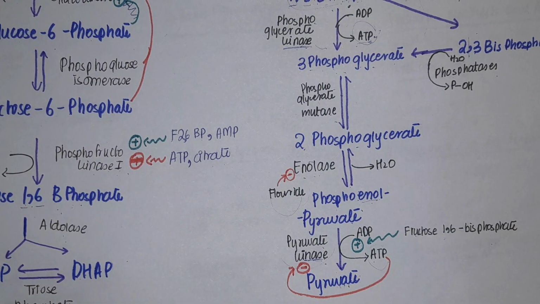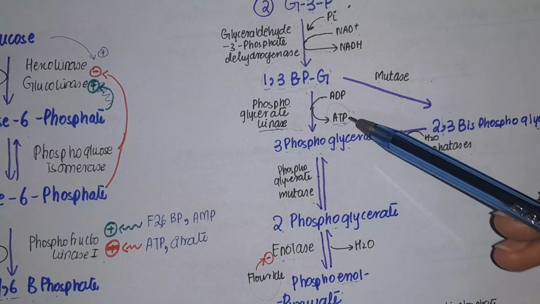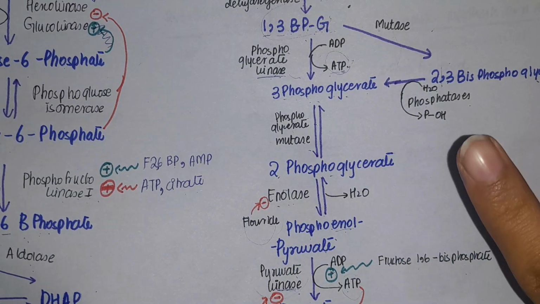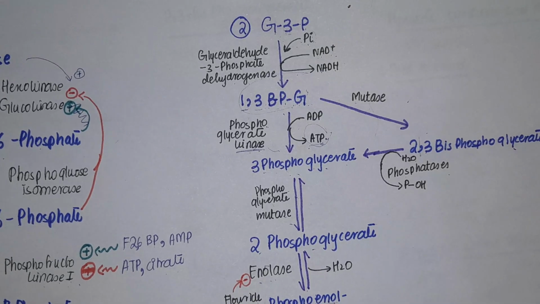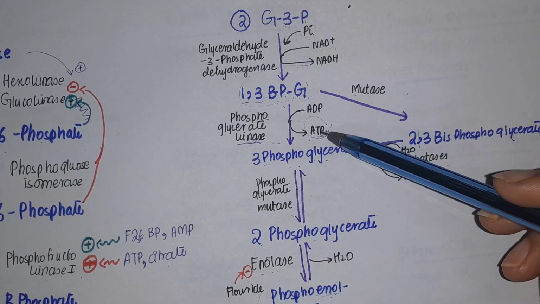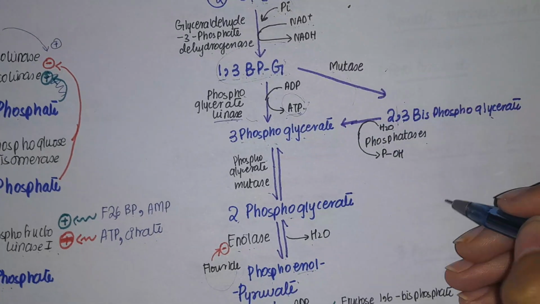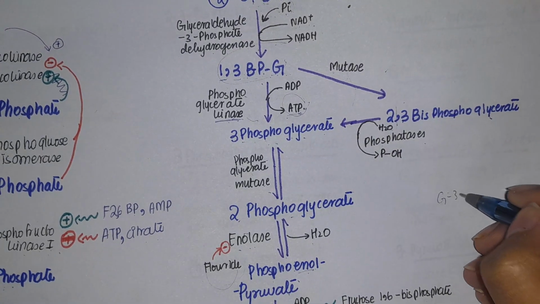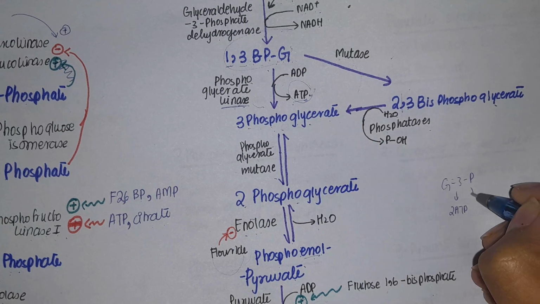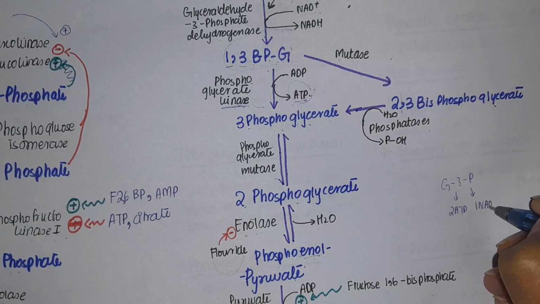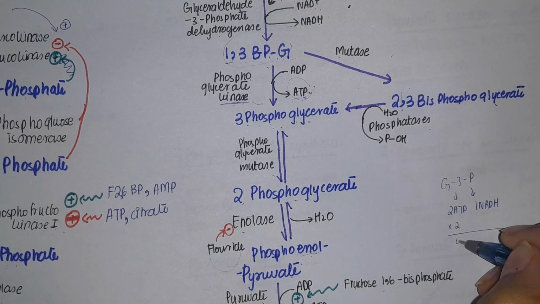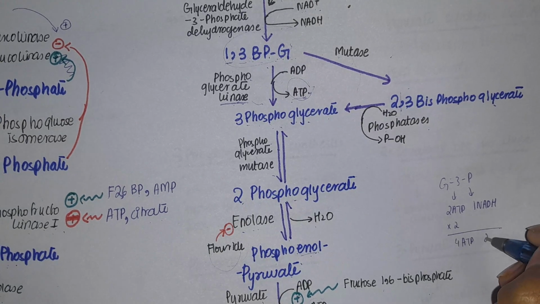All others are reversible. Now the ATPs that are produced, one over here and one over here, are not two actually, but rather four, because we have two molecules of glyceraldehyde 3-phosphate. So we get two from one, and two from the other. If one glyceraldehyde 3-phosphate yields 2 ATP and 1 NADH, and we have 2 glyceraldehyde 3-phosphate, multiply this whole thing by 2, and you get 4 ATP and 2 NADH.